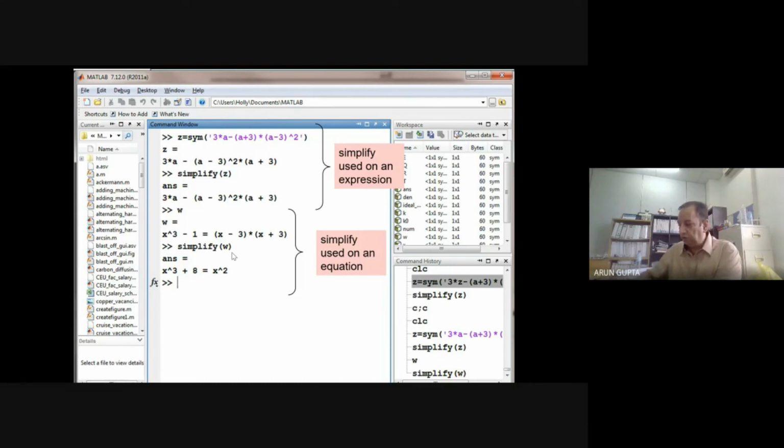I will also check on my command window that it is giving exactly the same or not. z is equal to sym, single quote, 3a minus a plus 3 star a minus 3 power 2, single quote, and then you write simplify z and check that you are getting the same answer.